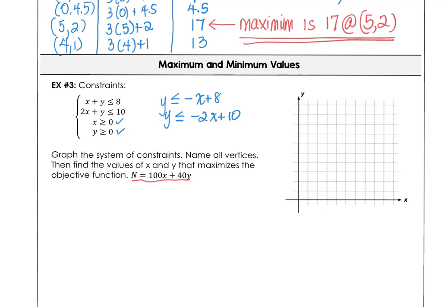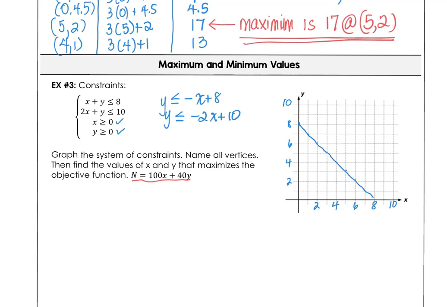So let me just number those. This would be 2, 4, 6, 8, 10, and then across x, 2, 4, 6, 8, and 10 here. The first line starts at 8 and has a -1 slope. The second line would be shading under that.